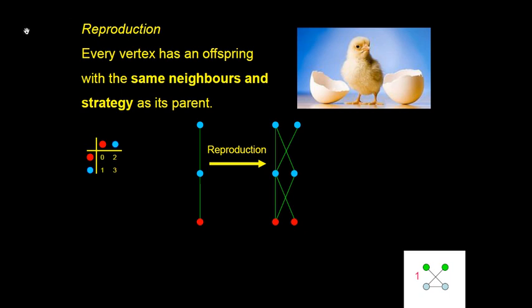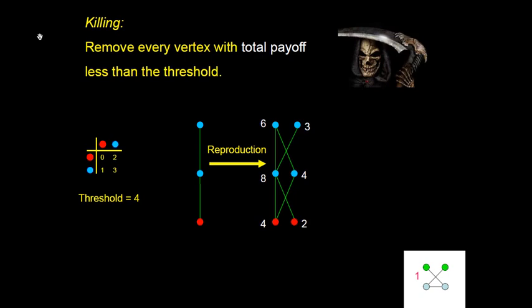So this is stage 1, the reproduction stage, and then we have the killing stage. So what do we do here? Well, we calculate the total payoff that every vertex gets, and then we assume that we've got some kind of threshold. This threshold is just a number, okay? In this case, we'll set it as 4.